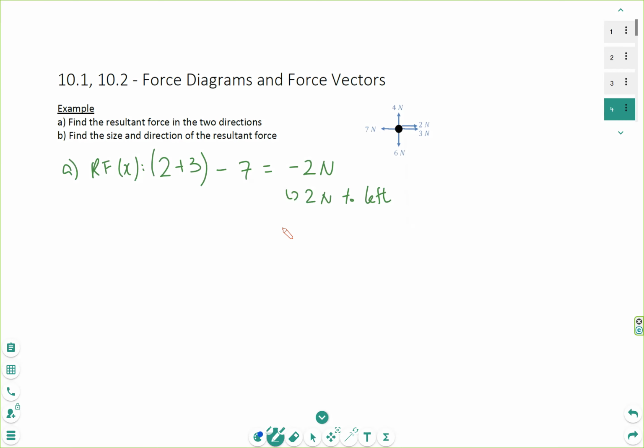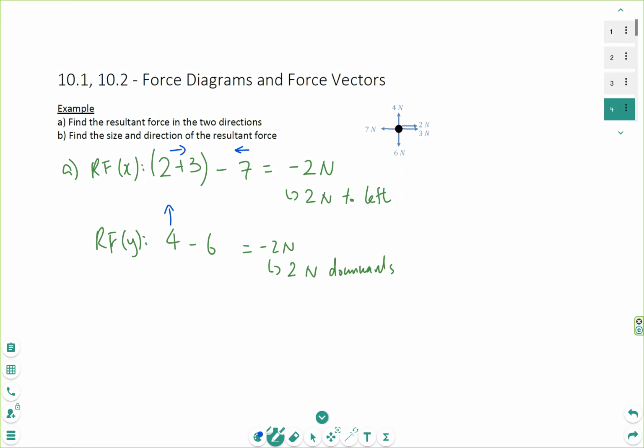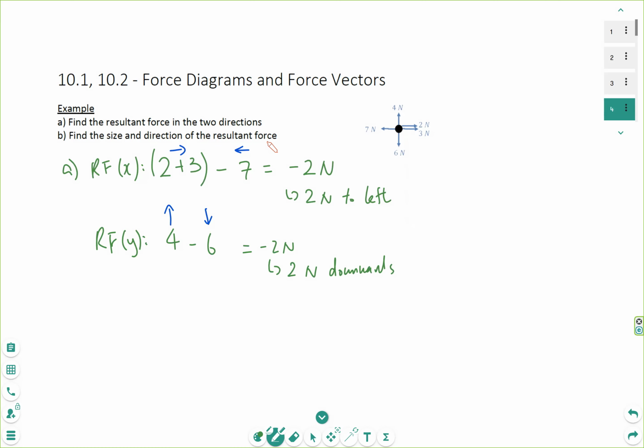We are doing the right forces take away left forces. What about the resultant force in the y direction? You have upward force 4 minus 6, which is negative 2 Newton again. So that means this is 2 Newton downwards. We tend to take right as positive and take up as positive as well. That's why we do up take away down, so we get negative 2. So part B, find the size and direction of the resultant force.